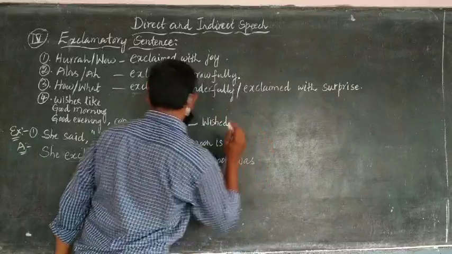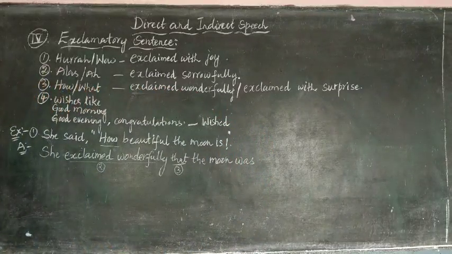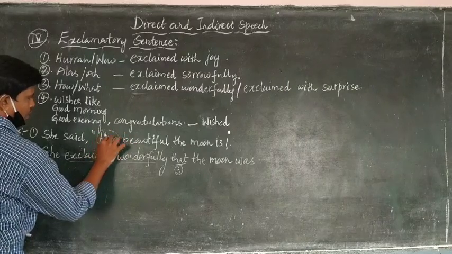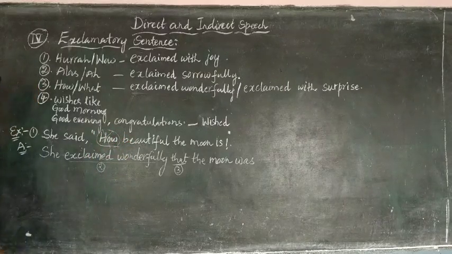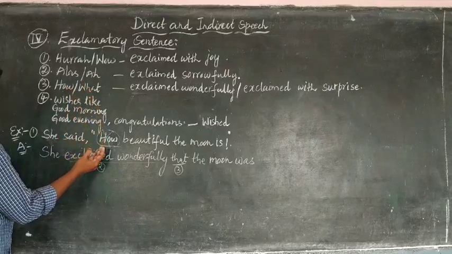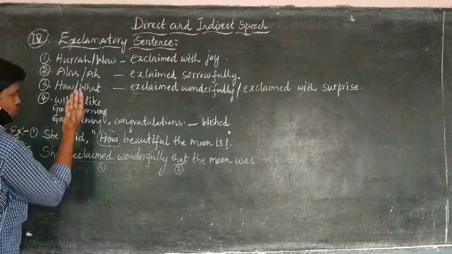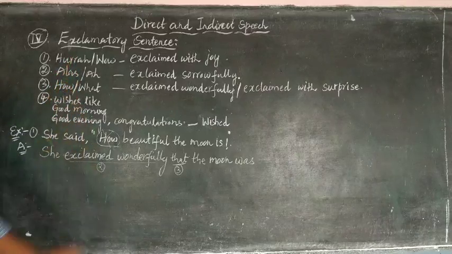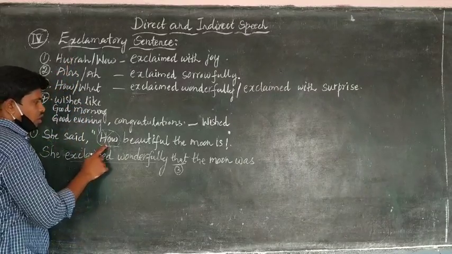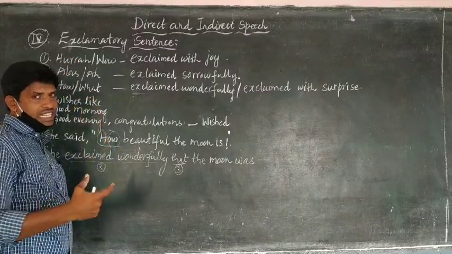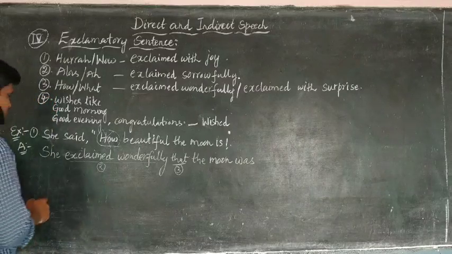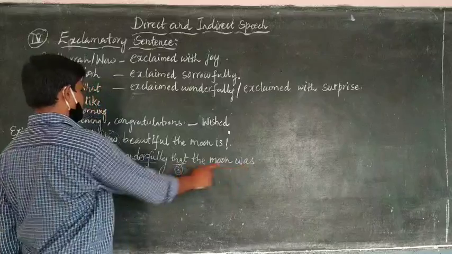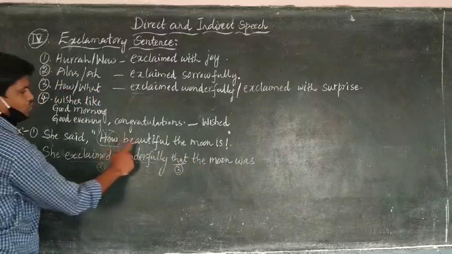Next, we have to remove how and what. If we want to change exclamatory sentences, especially those beginning with how and what, we have to remove these words: how, what, alas, hurrah. Instead of how and what, we have to write very. She exclaimed wonderfully that the moon was very beautiful.